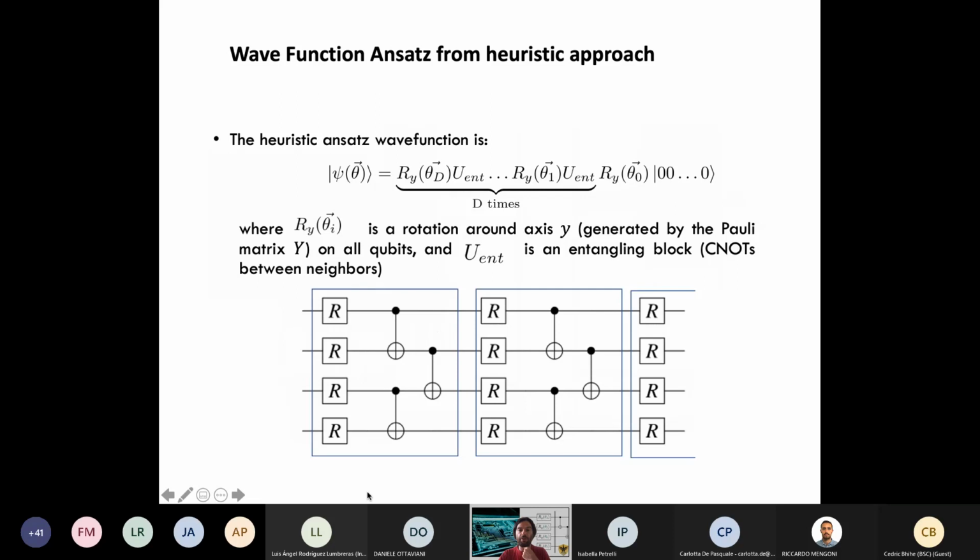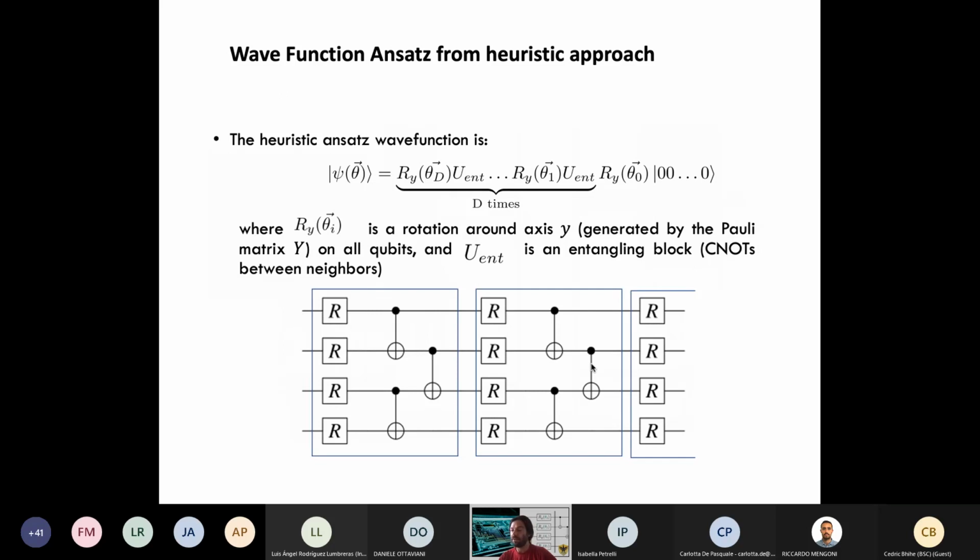So you have a block which has rotation and entanglement, which is repeated many times. The parameters of these rotations are the variational parameters, whereas the way you entangle in one block or in the other can be the same or can be different. But at least you have something which is very compact.